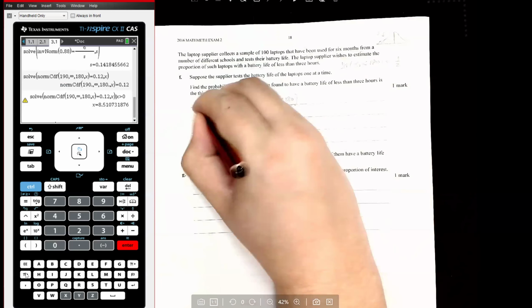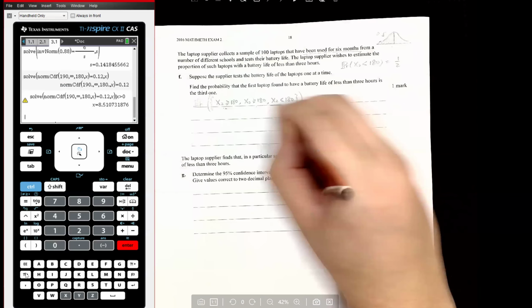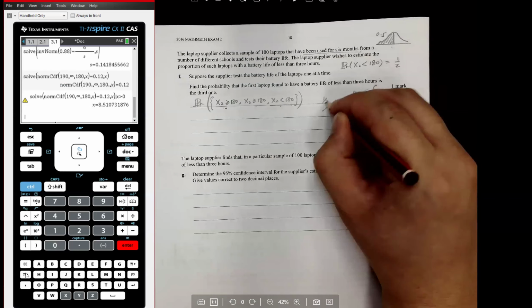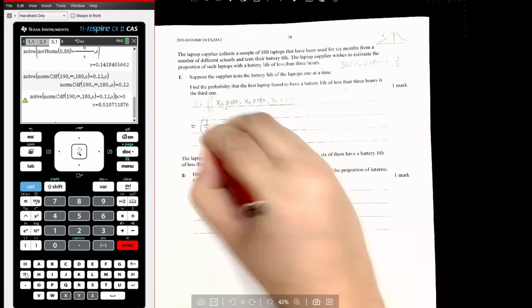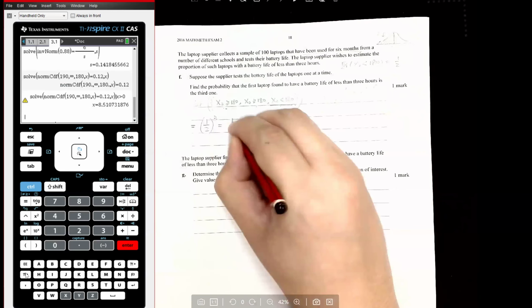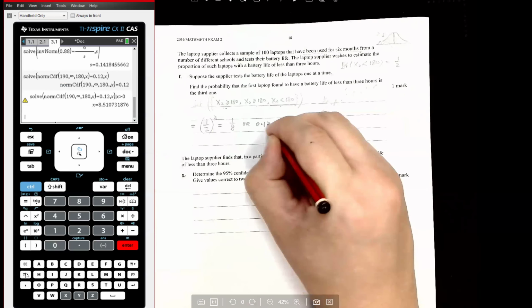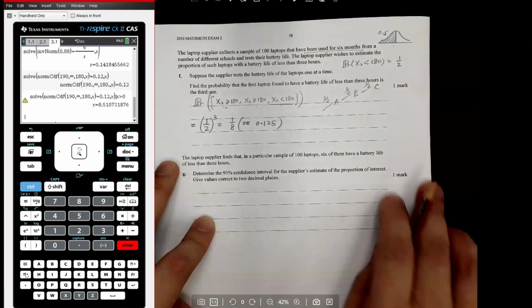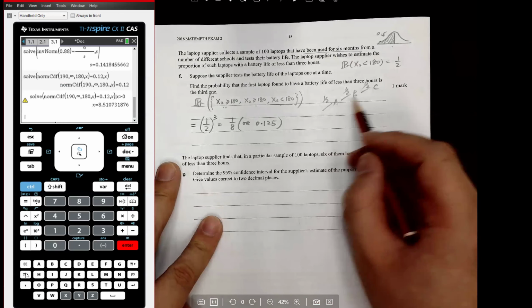If you draw a tree diagram, this is A, B, C, half, half, half. Eventually, you get a half to the power of 3, that is 1/8, or 0.125. So this is a tree diagram problem for independent, subsequent events.